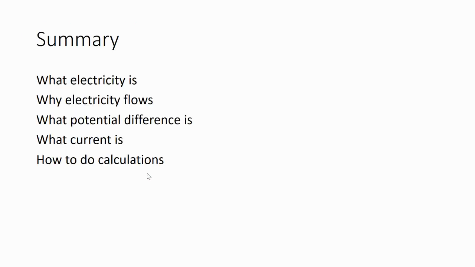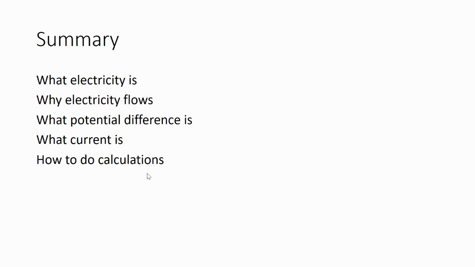So in summary today, we've talked about what electricity is. It's a transfer of energy. We've talked about why electricity flows. It will flow if there's a complete circuit with a push, a push that comes from a battery or a power supply. We've talked about what potential difference is, the energy per charge, the energy per electron.